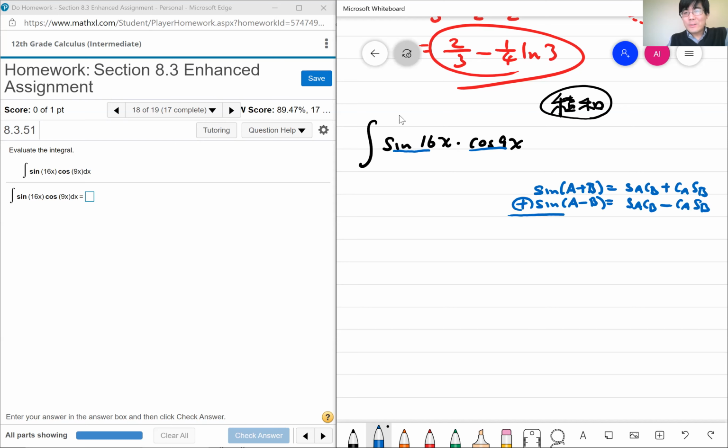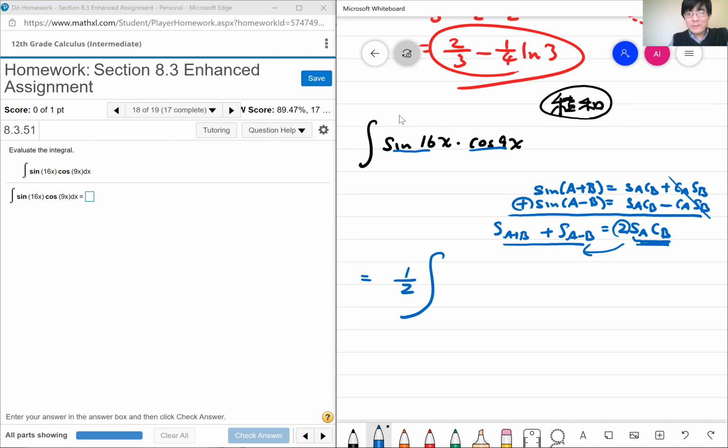Okay, when you add these two, the latter term is canceling each other. So you're going to get 2 times sine A times cosine B is equal to sine of A plus B plus sine of A minus B. So this product can be written as a sum. So using a formula, 2 came down, so it's going to be 1/2 times integral of sine of the sum A plus B, which is 25x, plus sine of the difference of the angles, which is 7x.